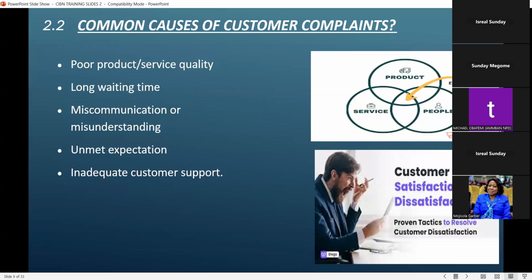Miscommunication or misunderstanding. When you don't communicate properly, remember we are talking about you, the business owner, and your staff. Even if you as the MD communicate well, have you trained your staff how to communicate well? If you don't, it's as good as you don't have any value in that company, because when you are not there, your employee will speak to your customers anyhow.